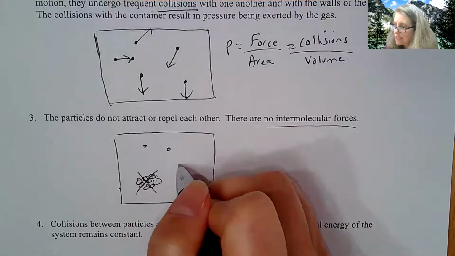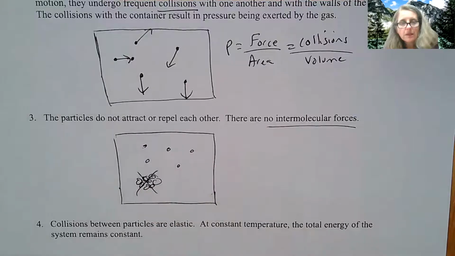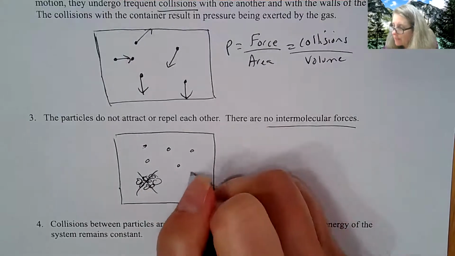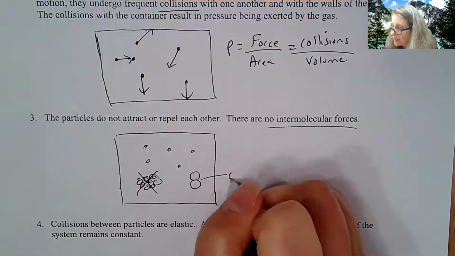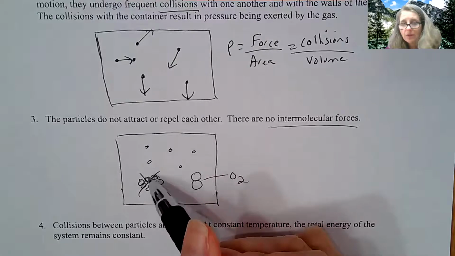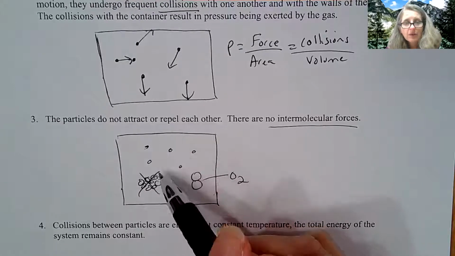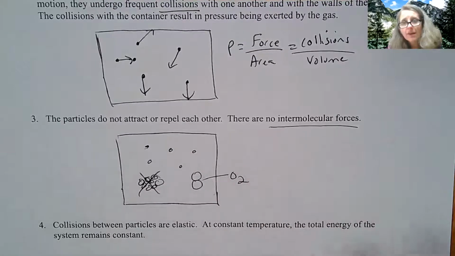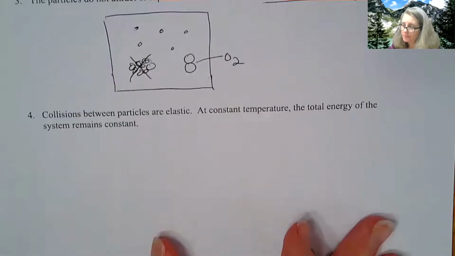What that means is each one of these gas particles is independent of the others. Now, if you have a diatomic, like oxygen or hydrogen, we will draw 2 circles touching each other. But really, what we're talking about here is that they don't clump together. They are separate from each other, and that will also be accounted for in something we talk about later.